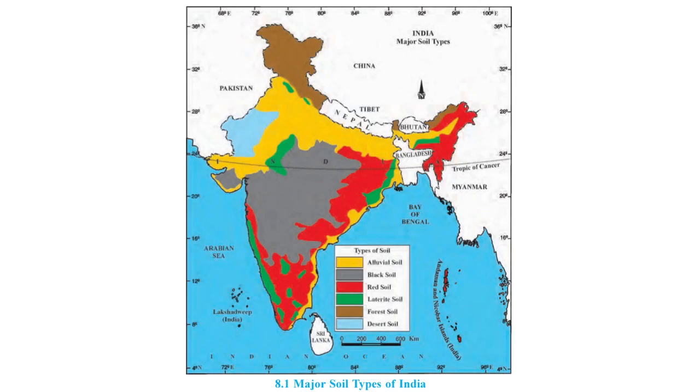Green color marks the laterite soil. Brown color area to the north of India is forest soil, and the blue color area in the Rajasthan area is normally desert soil. So these are some basic bifurcations of soils in India.